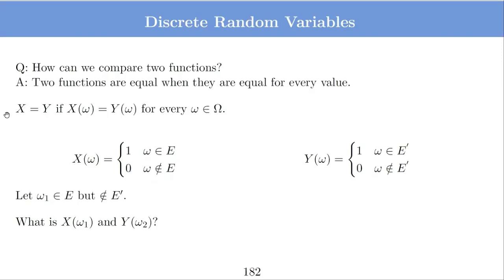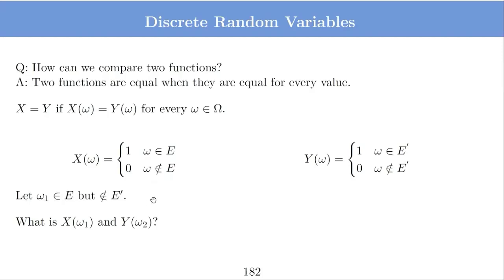Okay, so x and y would be equal if x(omega) is y(omega) for every value of omega in the sample space. Okay, so x(omega) here is 1 for omega belonging to E, and y(omega) is 1 for omega belonging to E dash. And if you take any omega 1 which belongs to E but does not belong to E dash, then for that omega 1, x(omega 1) would be 1, but y(omega 1) would be 0.